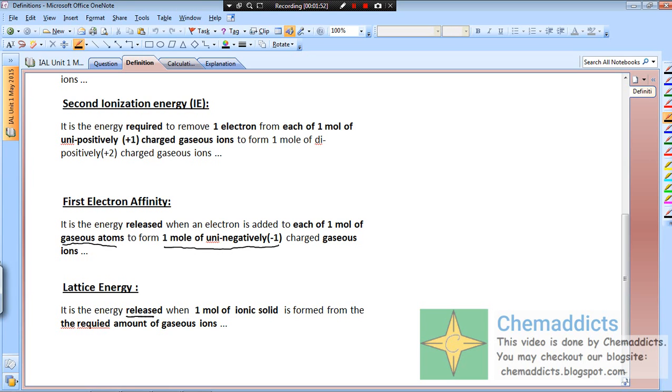So why is this energy change exothermic? That's because bonds are formed here. This is exothermic because bonds are formed.